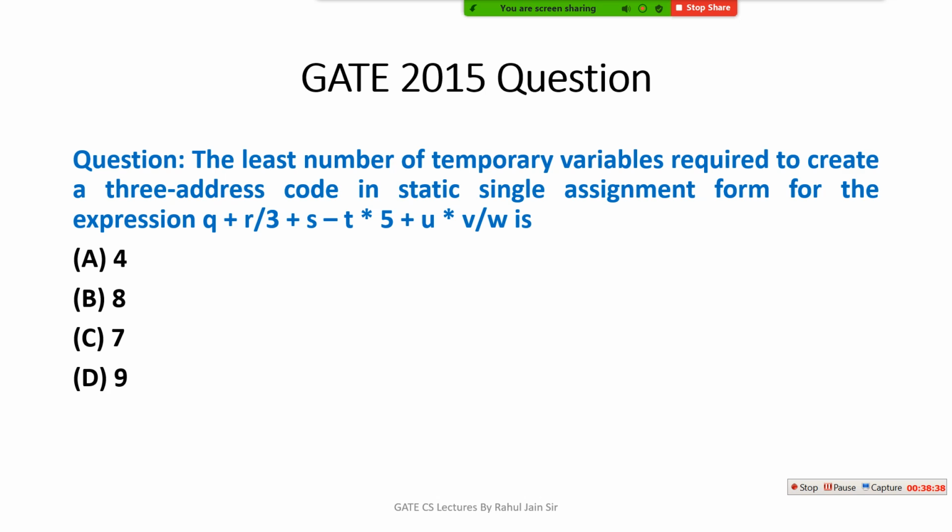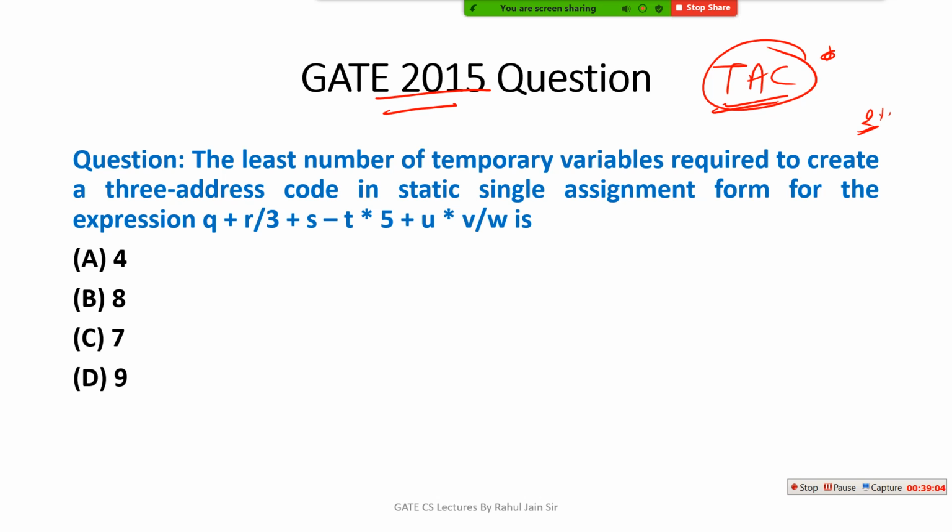Okay, guys. Now we are coming to the GATE 2015 question, which is completely based on 3 address code. Only about 2% of the questions are asked now, they are not asking that many questions, but yes, 3 address code is an important concept. That is why we are discussing it. So the last topic of GATE computer science, a weighted topic, is this, and the question is in front of you.